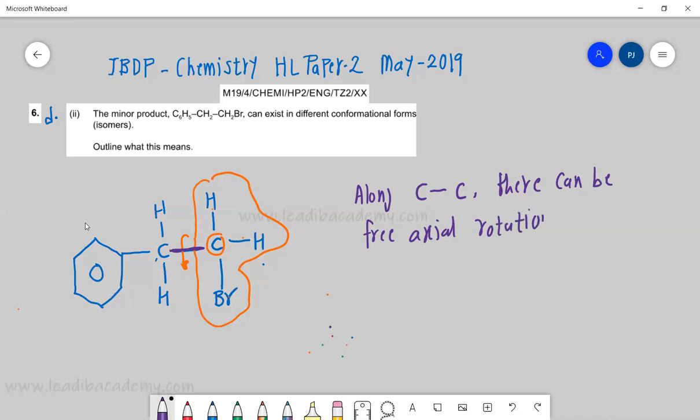Think of it like a fan: this bond is like a shaft, and the part I have encircled is rotating.